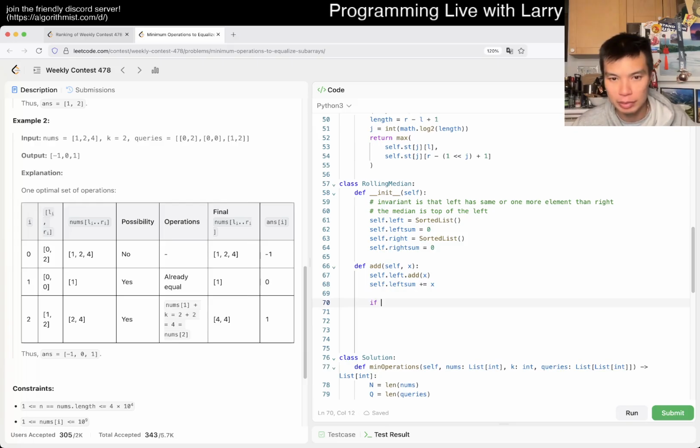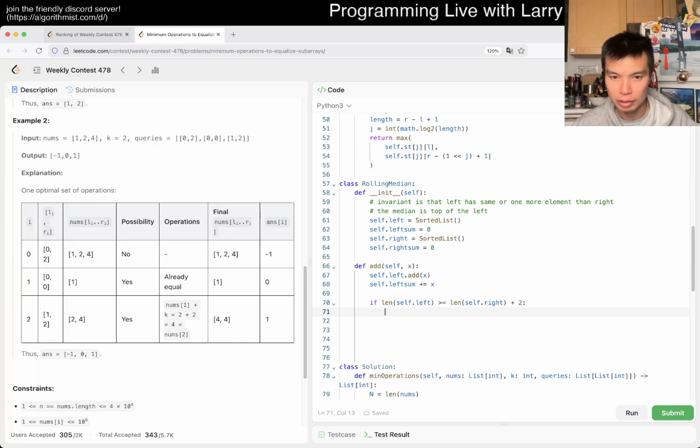So now, if the length of self.left is greater than self.right plus 2, then we re-index it. So now the biggest number, right?